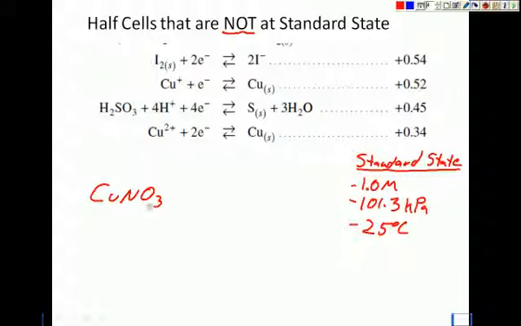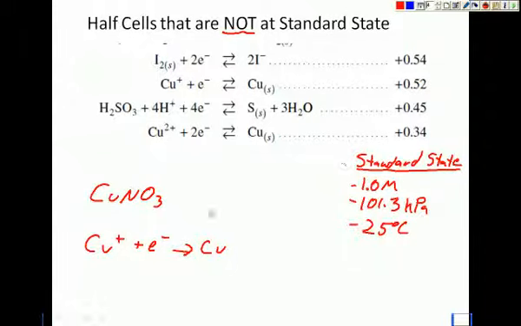So let's take an example like this one right here, CuNO3. NO3 is just a spectator, so it'll just be Cu+ plus an electron, making Cu solid. Now this has a reduction potential of positive 0.52.